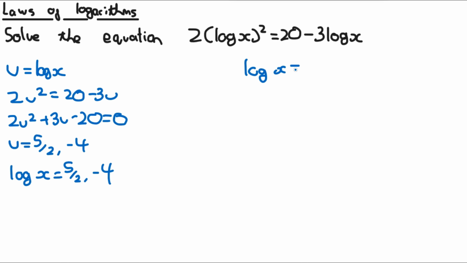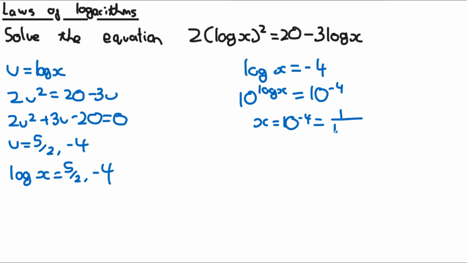So log x is equal to minus 4, and therefore we do the thing where we take 10 as the base of both sides, which is equal to 10 to the power of minus 4, and remember that the left side is just going to be equal to x. So x is equal to 10 to the power of minus 4, which is equal to 1 over 10,000.